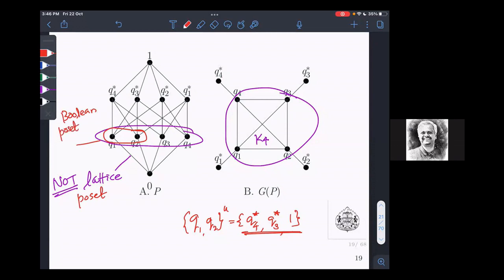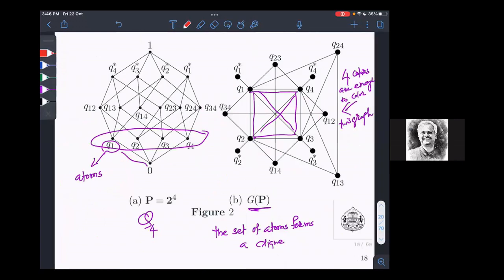There is a very interesting construction of Boolean poset. This is the power set of 4 elements. What I did exactly was remove this part, just throw it out. You can see here Q12.